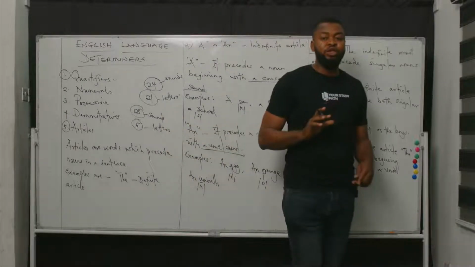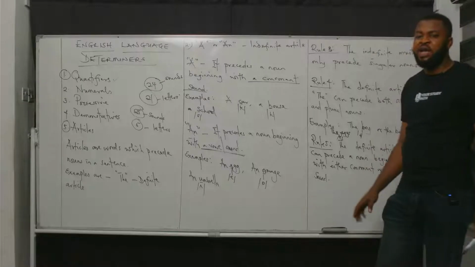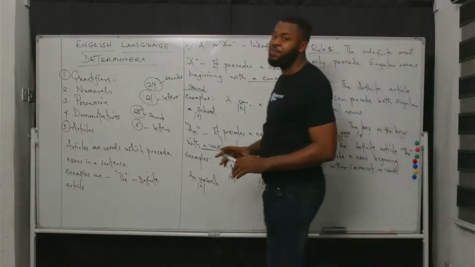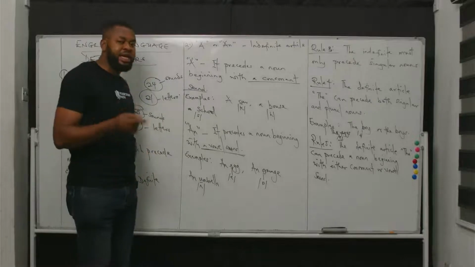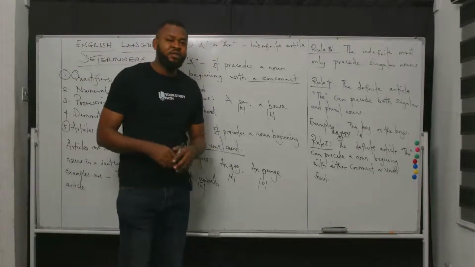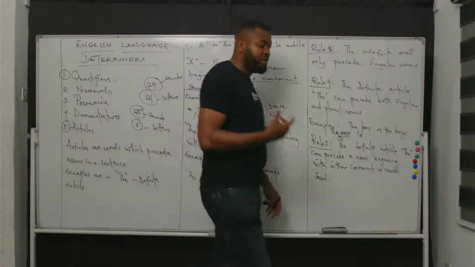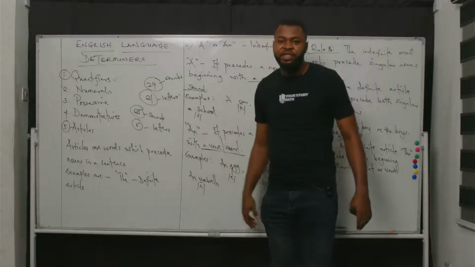Is this well understood? Because I want to give you an exercise now. I've explained thoroughly every aspect of article, and I've given you all the rules in article. But then I want to give you an exercise, about 5 questions to attempt now. Once I'm done, and if there's still time, I'll move to the next category of the determiner.